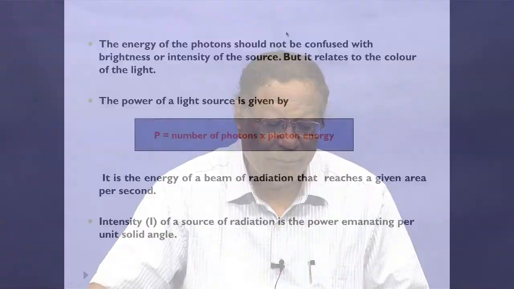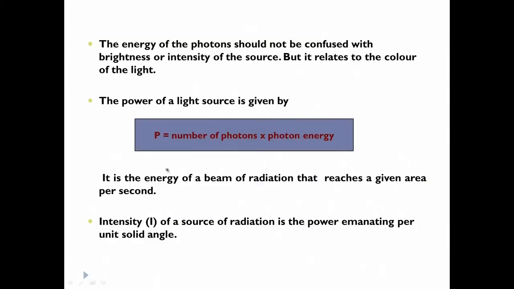So, it has nothing to do with the intensity of the power, and the power of a light source is given by the lumens. It is the energy of a beam of radiation that reaches a given area per second.